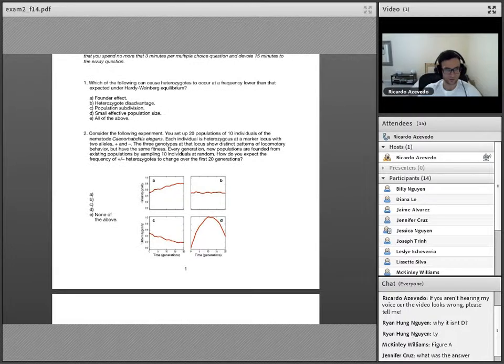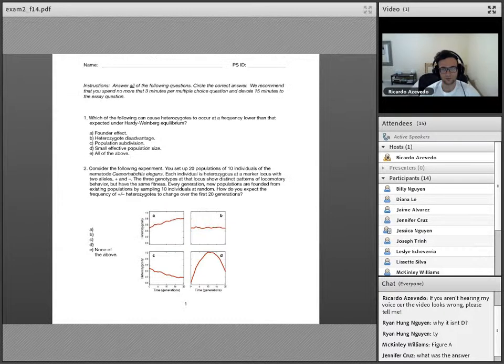One, which of the following can cause heterozygotes to occur at a frequency lower than that expected under Hardy-Weinberg equilibrium? Founder effect, heterozygote disadvantage, population subdivision, small effective population size, all of the above.